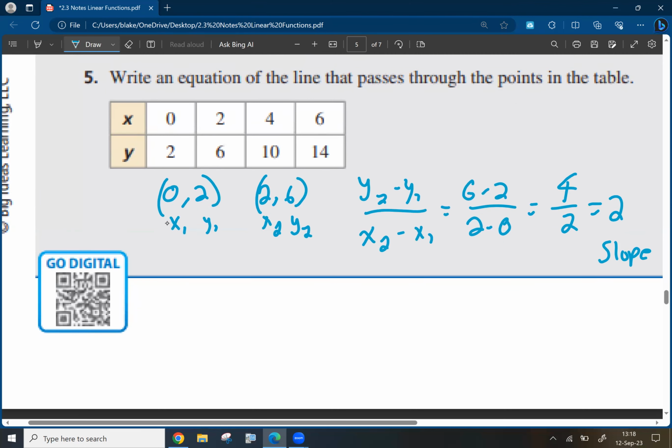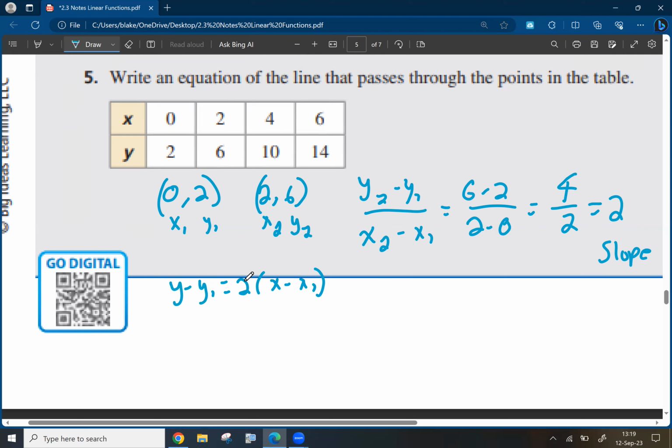Now that I have my slope, I'm going to take a point and use point-slope form. Remember, point-slope form is y minus y1 equals m times (x minus x1). I already know m. M is 2, as you can see from what we just calculated. So I go ahead and put that in.